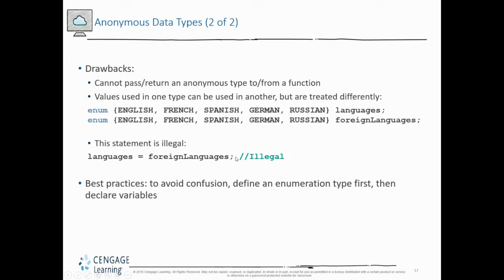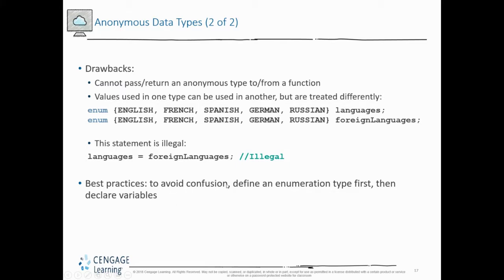You've got languages equals foreign languages. Well, you already have declared that they're the same. So you wouldn't be saying languages equals foreign languages. You would use foreign languages or languages in a different capacity. You don't reference them against each other because they're already there as two independent variables. Okay.